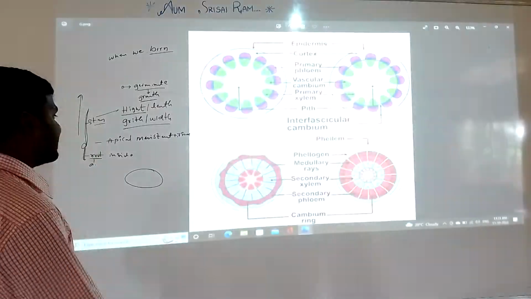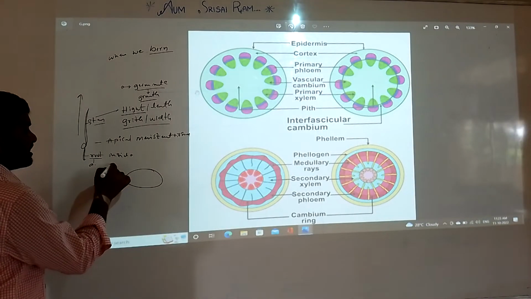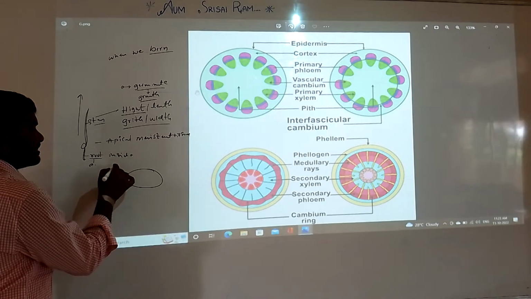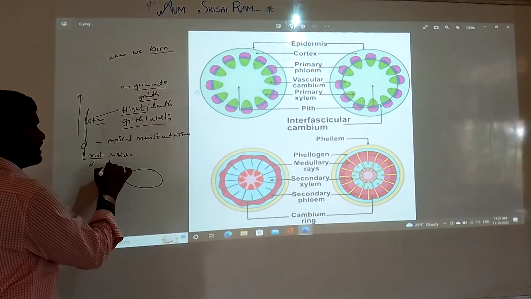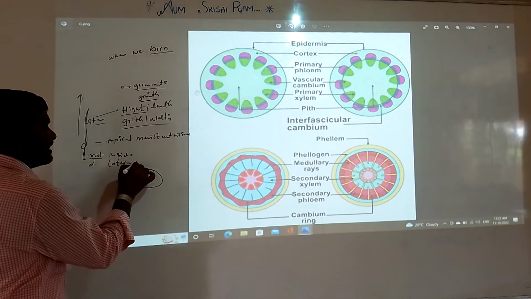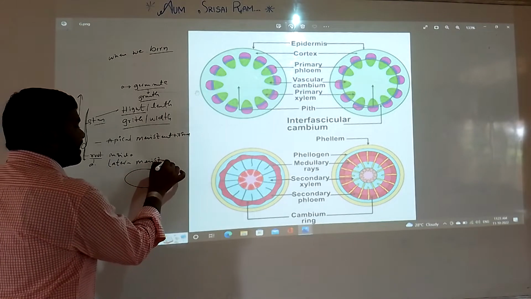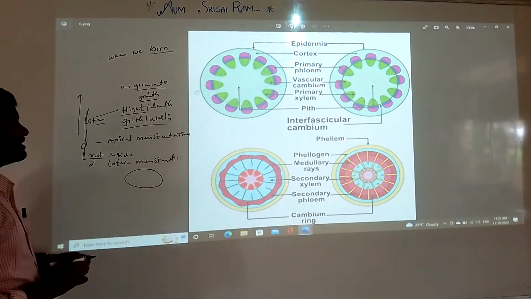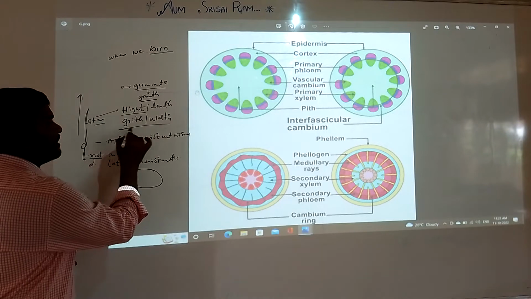That increment is done through a special type of tissue, mostly called lateral meristematic tissue. So which tissue is responsible for growth in the diameter?